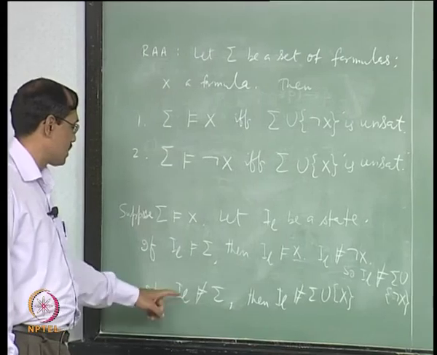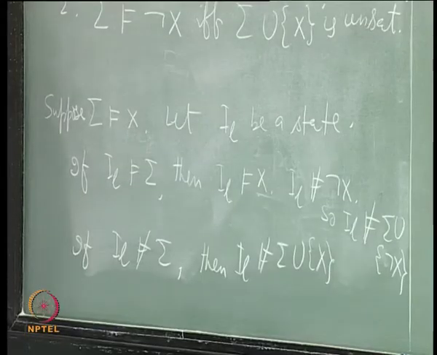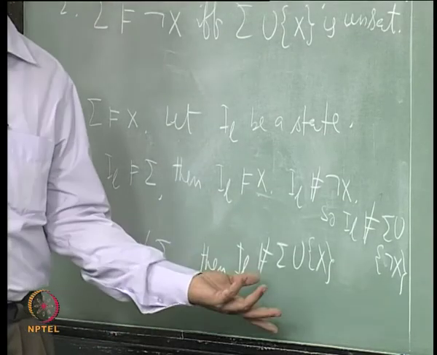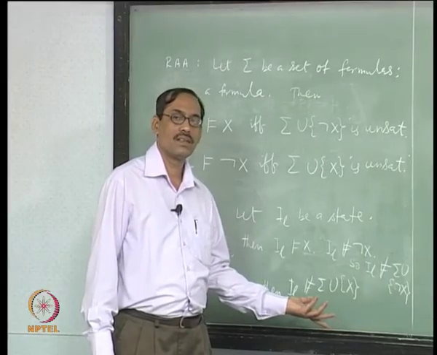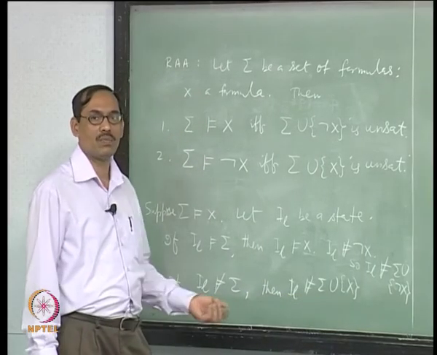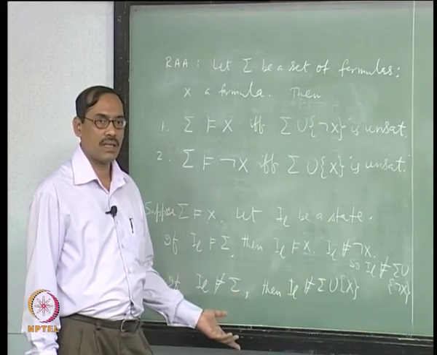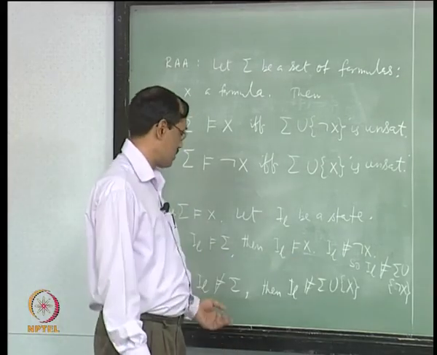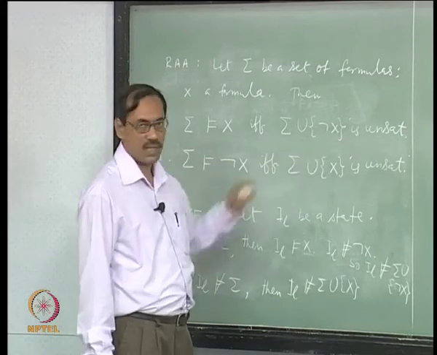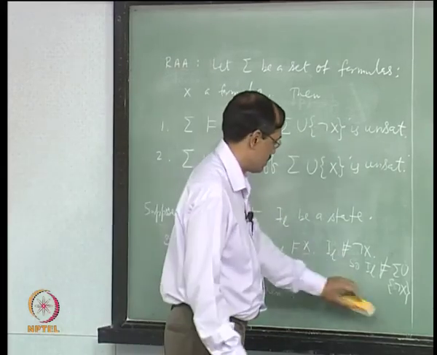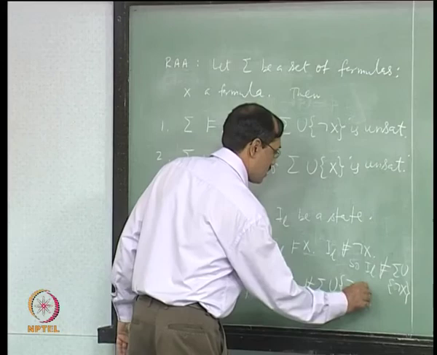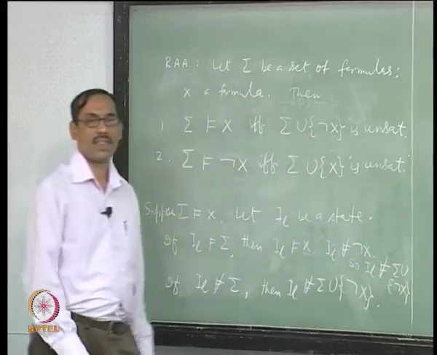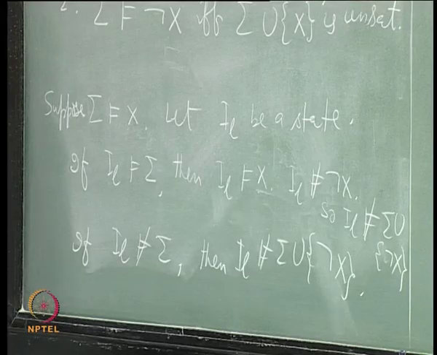On the other hand, suppose IL does not satisfy sigma, then IL does not satisfy sigma union x, because in sigma there is one which it does not satisfy. So, also sigma union x, but we need sigma union not x. Let us take not x, any set we could have taken, fine, sigma union not x, right. So, in any case, whatever state IL you start with, it does not satisfy sigma union not x.